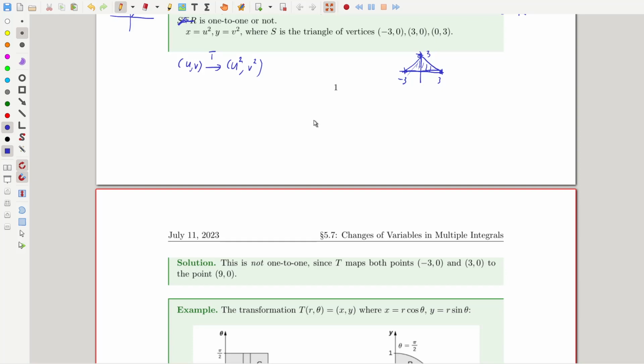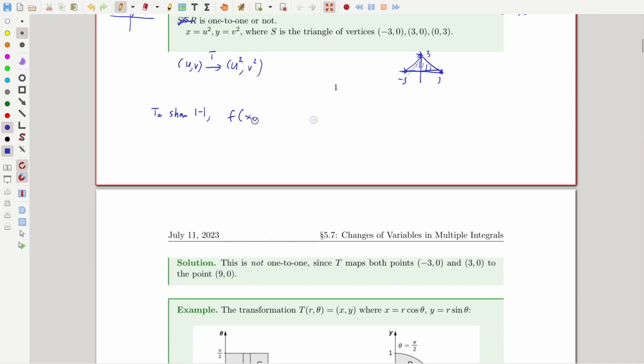Although maybe I'll make one little comment about that. So you want to show one-to-oneness, what mathematically has to happen to show one-to-one? What has to happen is it ends up usually being a very algebraic kind of proof statement.